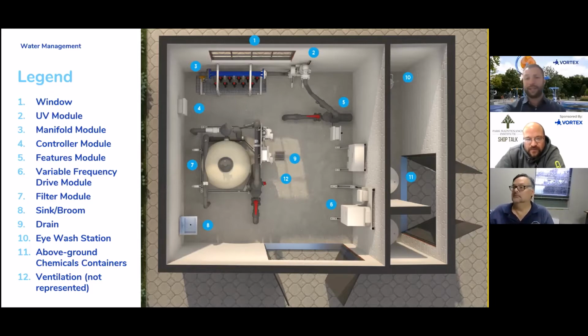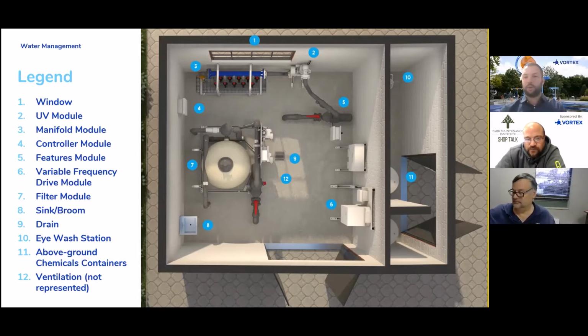I actually have that exact situation going on just outside of Columbus, Ohio, and they did exactly what I'm explaining. They're actually using their existing chemical feeders, their chemical tanks, to feed the splash pad as well.